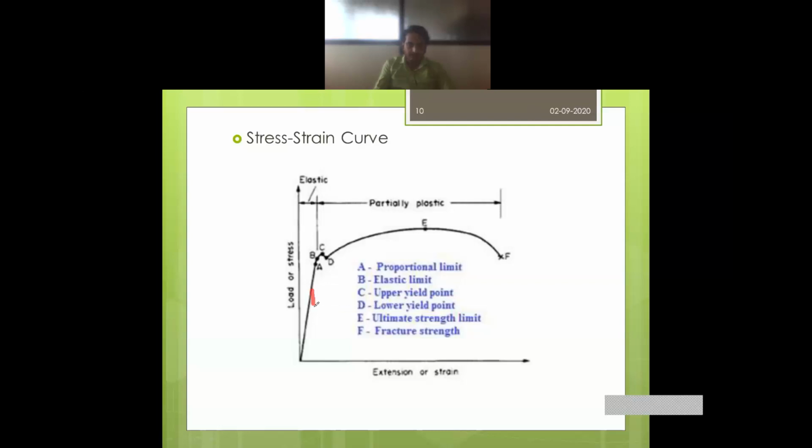One vertical line, one horizontal line I will put. If I do like this, I have to take the ratio of this vertical dimension, taking the scale. This is stress divided by strain, the x-axis distance. If I take that, I can calculate Young's modulus, the value of E. Okay? The value of E I can calculate.